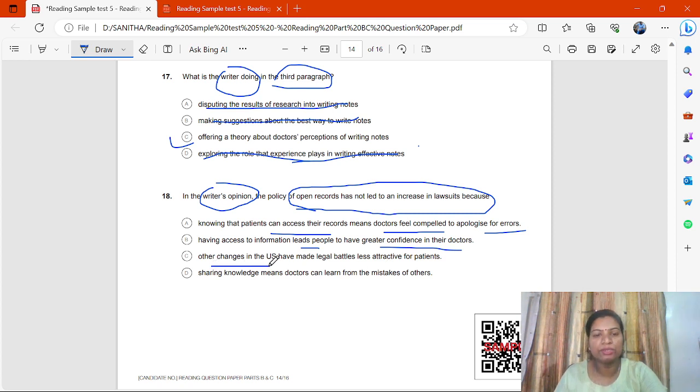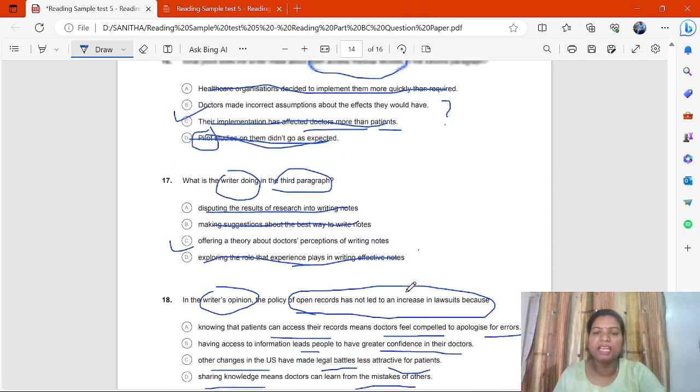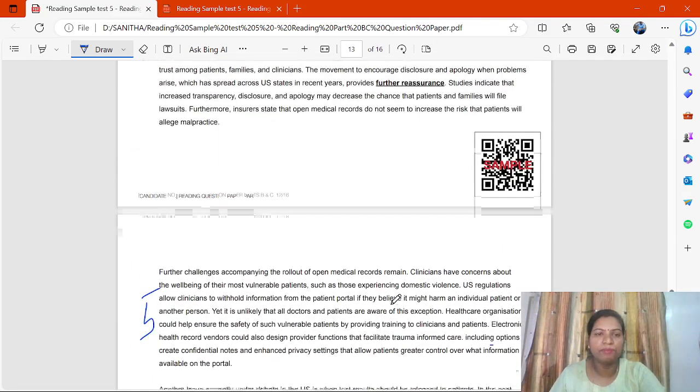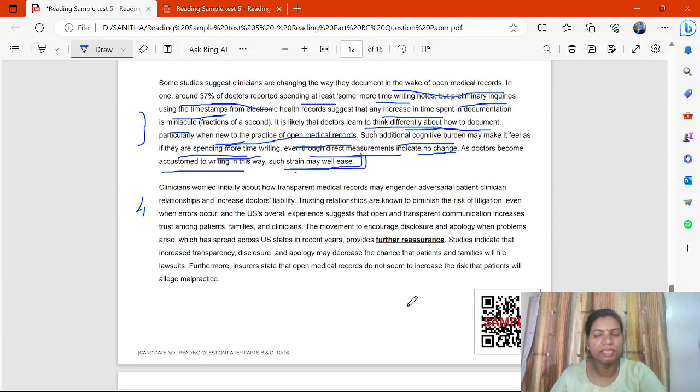Other changes in the US have made legal battles less attractive to patients. Sharing knowledge means doctors can learn from the mistakes of others. These are the options we have to match with the passage. I repeat once more: come to the passage, read the passage, and match each option with the passage.